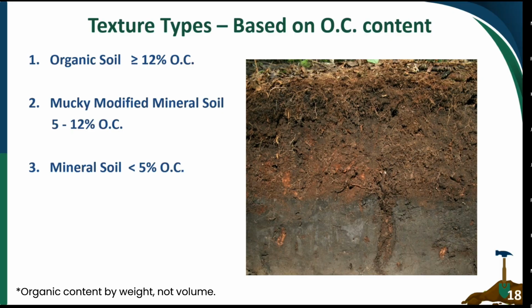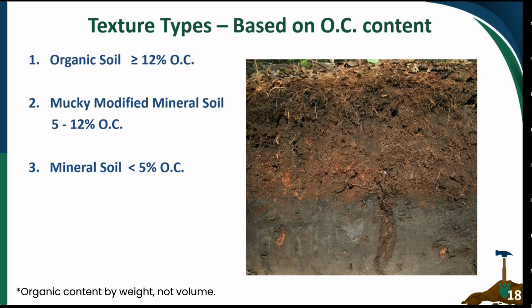So what that means is that roughly an organic soil that contains at least 20% organic matter will have 12% organic carbon. Organic soils are dominated by accumulated plant material and form in either cold or wet environments, giving them low density and high water holding capacity.